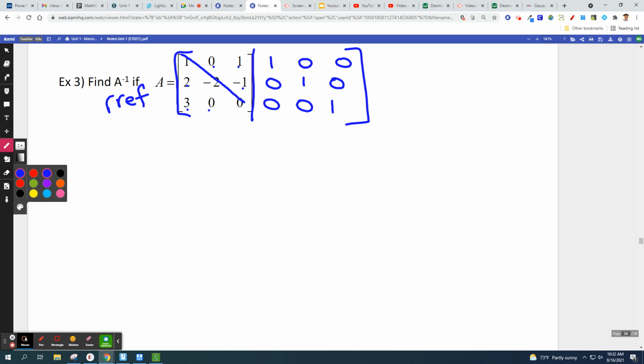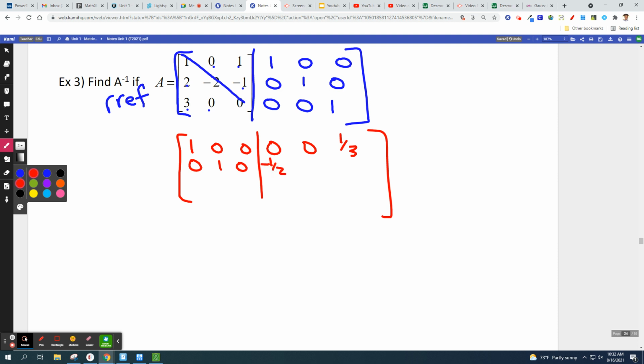But we did a reduced row echelon form, and we turned it into 1, 0, 0, bar, 0, 0, 1/3, 0, 1, 0, -1/2, -1/2, 1/2, 0, 0, 1, 1, 0, -1/3.